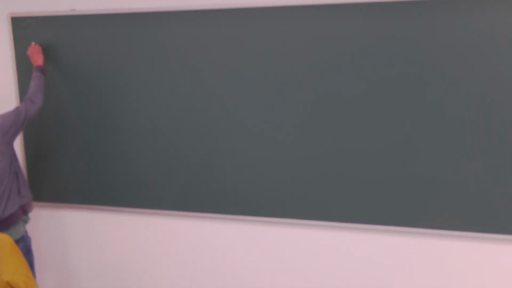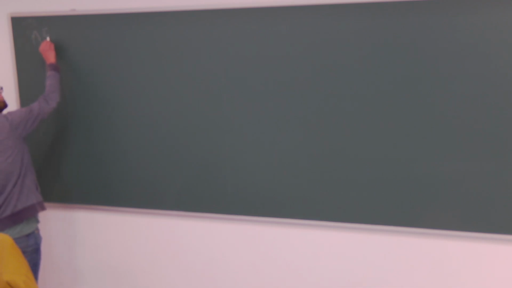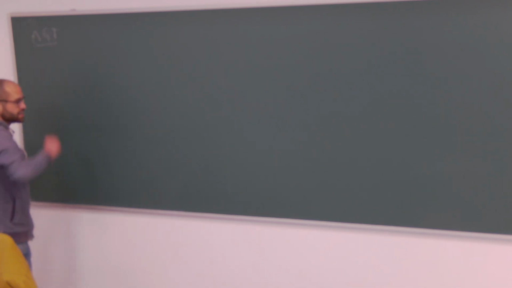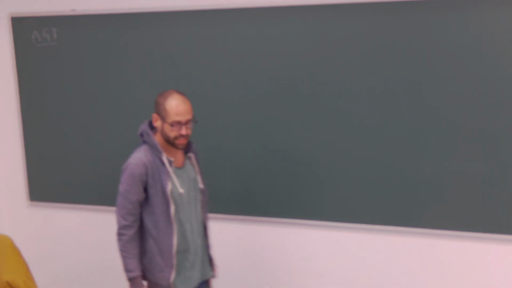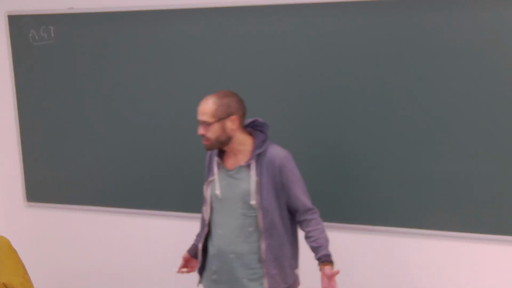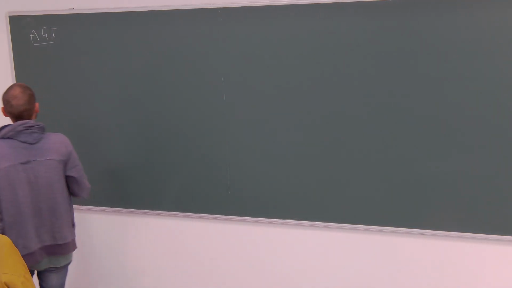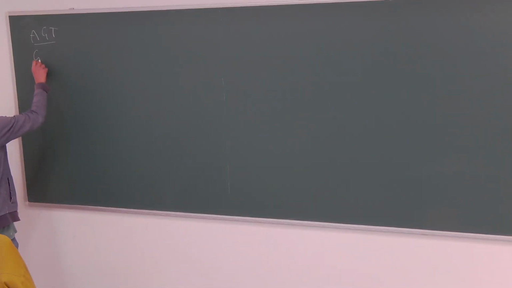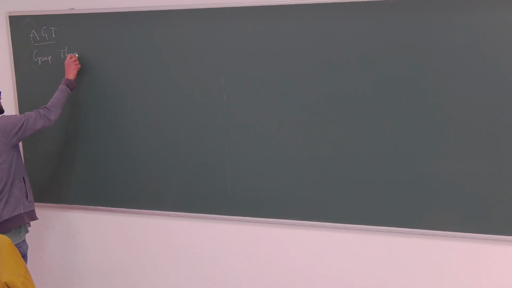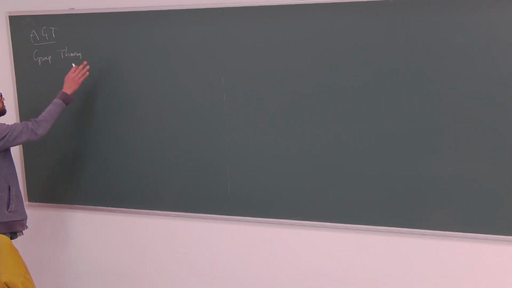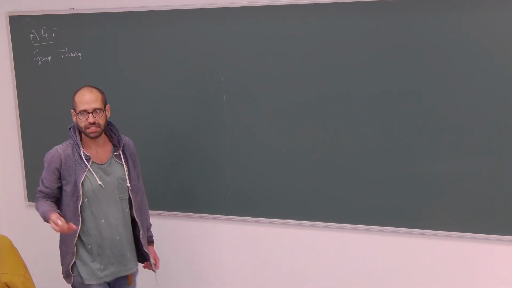So first of all, let me tell what is, very loosely speaking, analytic group theory. Analytic group theory is basically the study of properties of groups, so invariants and stuff like this, from the point of view of unitary group representations.